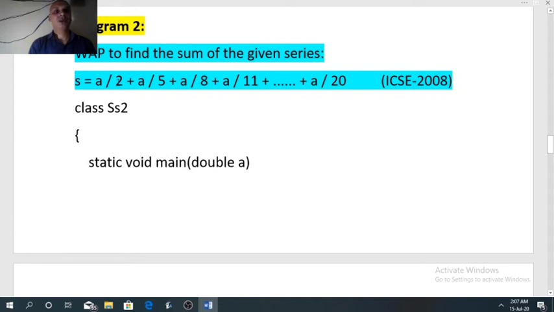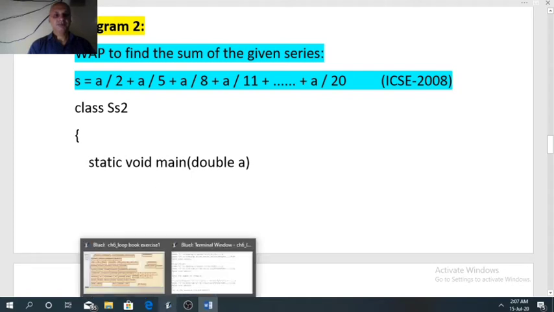So here we can control the denominator with the loop I equal to 2, I less than or equal to 20, I equal to I plus 3, and numerator is straightforward, we can simply write a. Then the general term of the series will become a by I, where value of a we will take from user and I we will control the loop from 2 to 20 updated by plus 3. Now see the program.